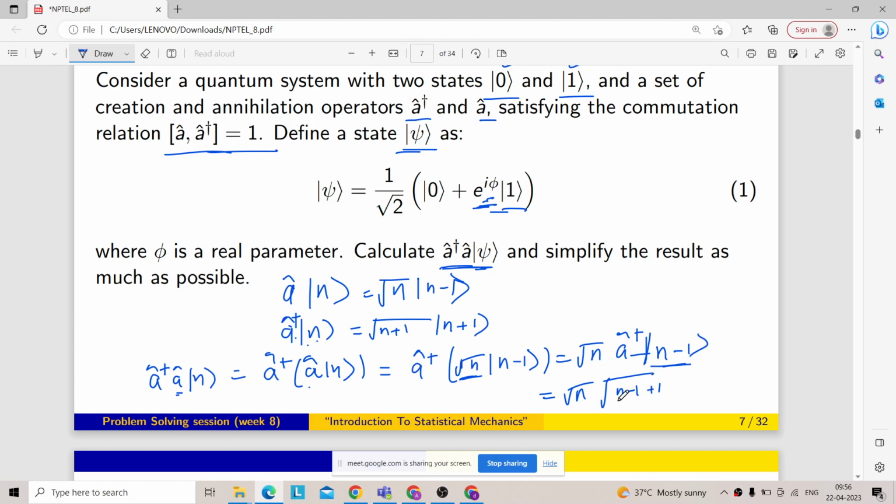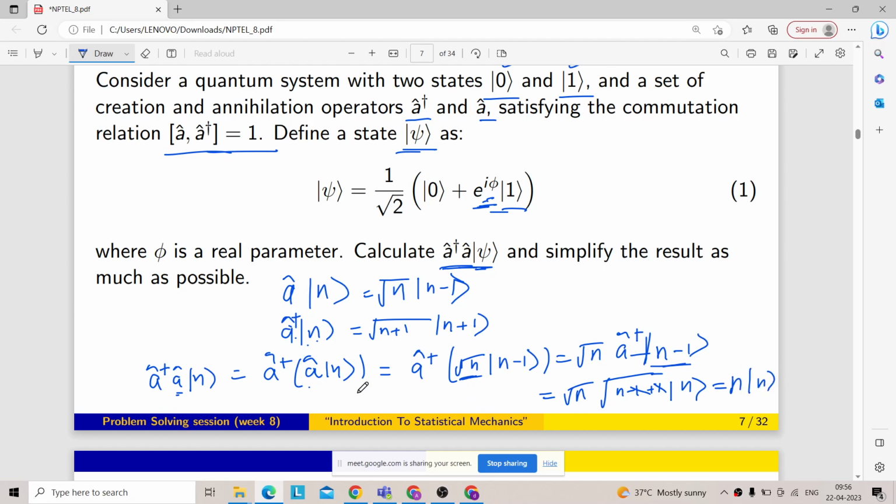This you can assume is n, then this is plus 1. Then what will be the impact on the eigenvector? It will be increased by 1, so n minus 1 plus 1, so it will be n again. So this n minus 1 plus 1 is only root over n. So ultimately this is n.